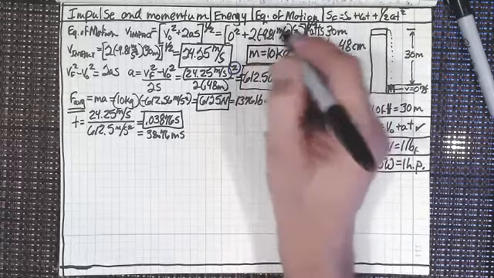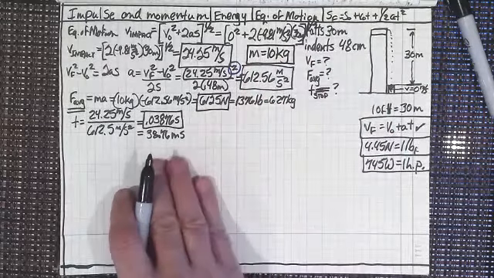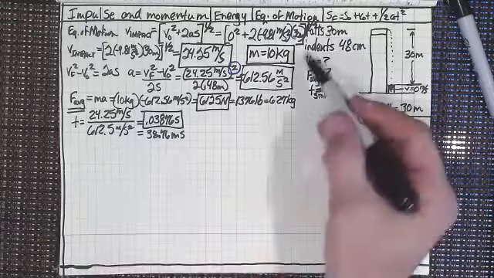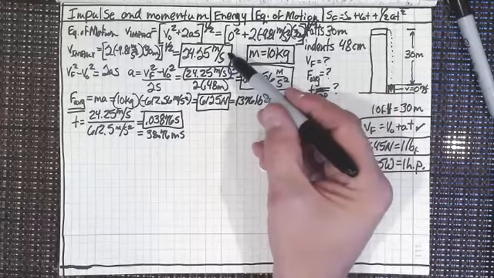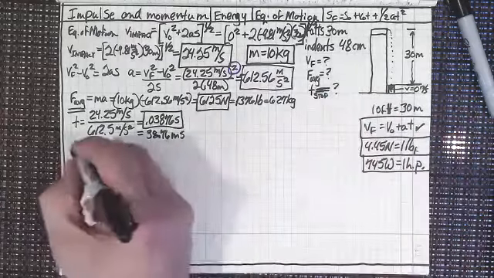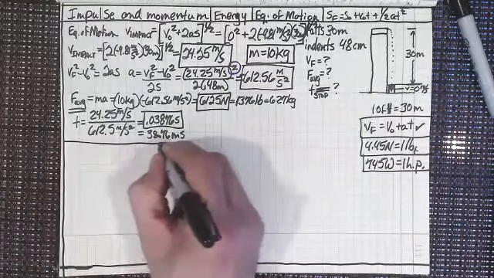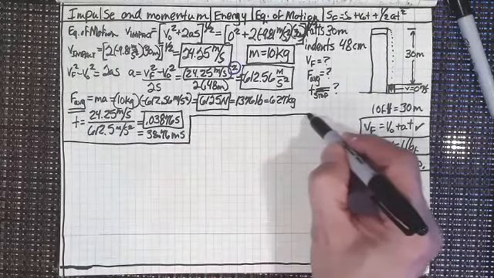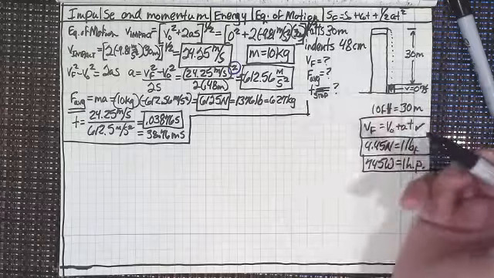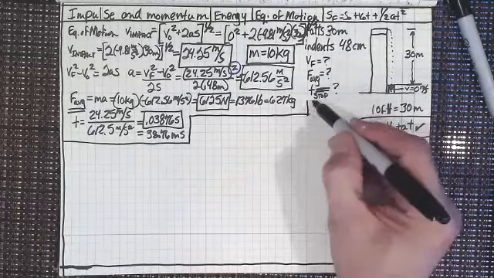And then we know what the velocity at the impact is too. So the way that we've analyzed this now is entirely with equations of motion. I've got time to stop and all of that.